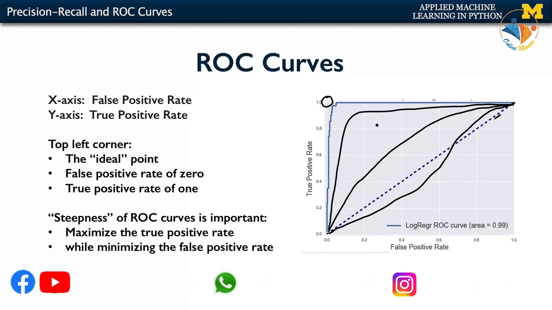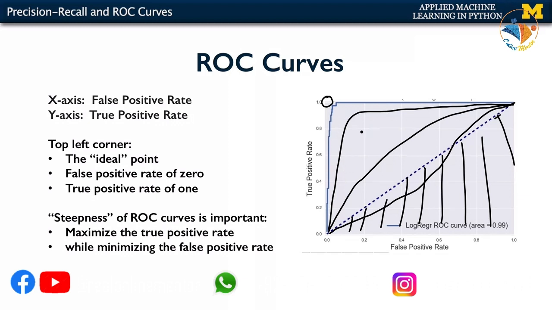Now, as we'll see next, we can quantify the goodness of a classifier in some sense by looking at how much area there is underneath the curve. The area underneath the random classifier is going to be 0.5. But as the curve bumps out toward the top left corner, the area underneath the curve will get larger and larger, and it'll approach 1.